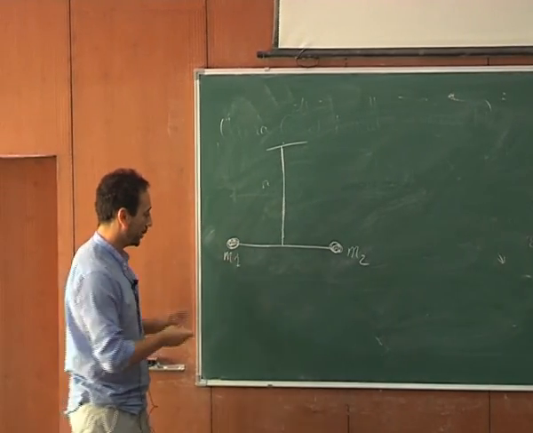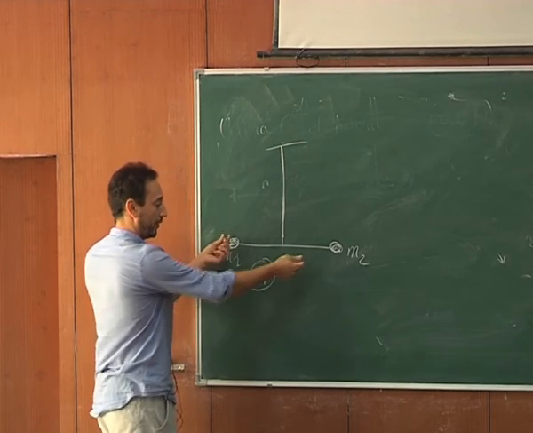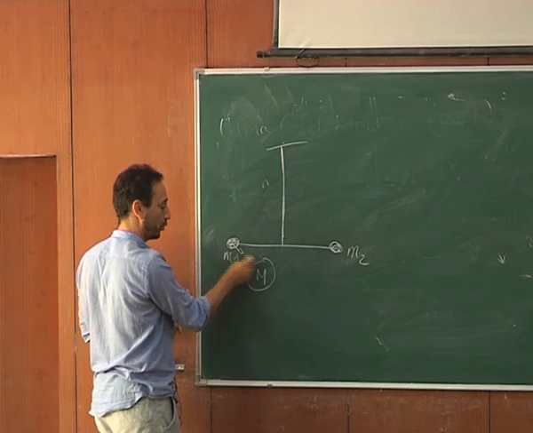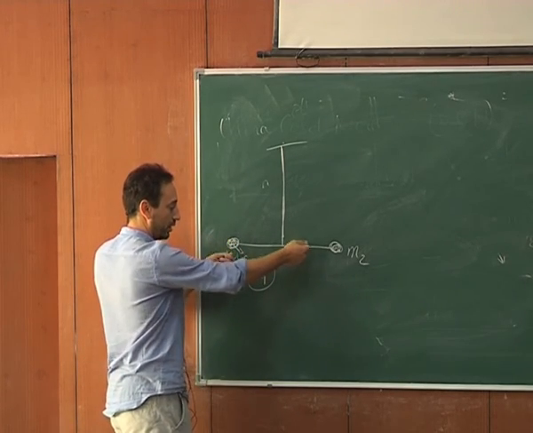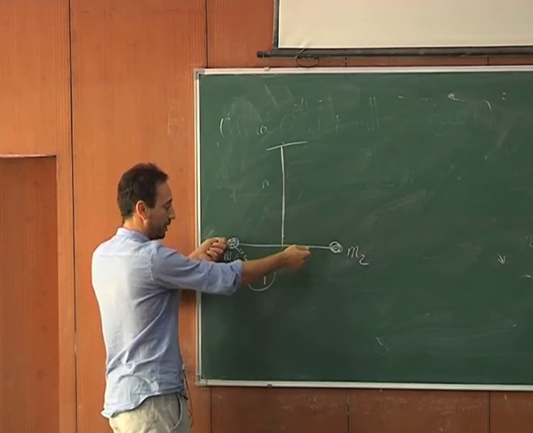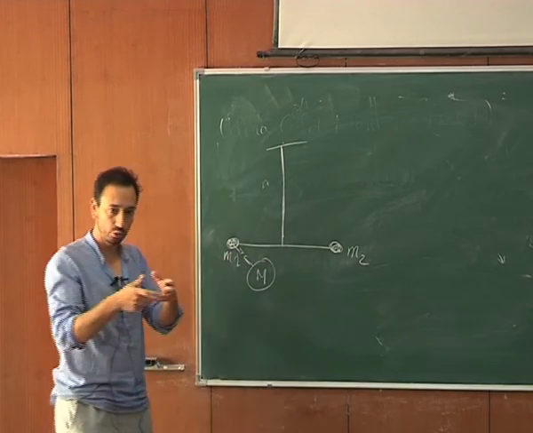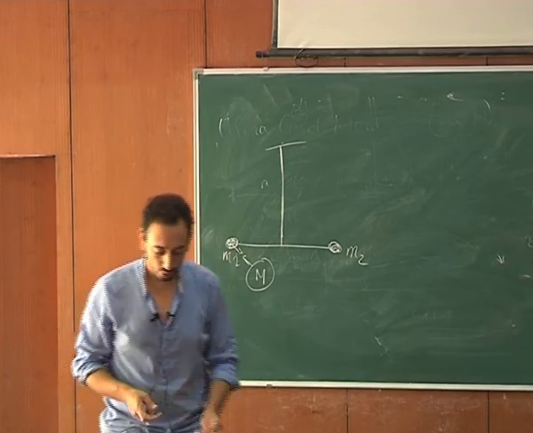You approach with some mass here, and this will move a bit because of the gravitational force between them. So if you have enough precision, from the angle it produces, or how much they come close to each other, you can measure the force of gravity. So people are doing this.